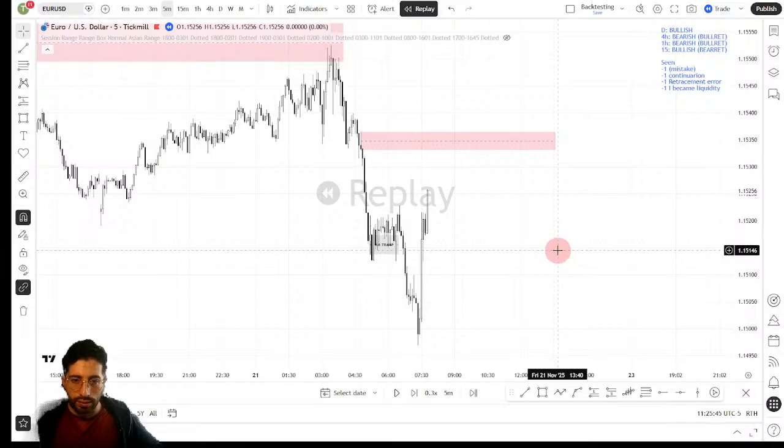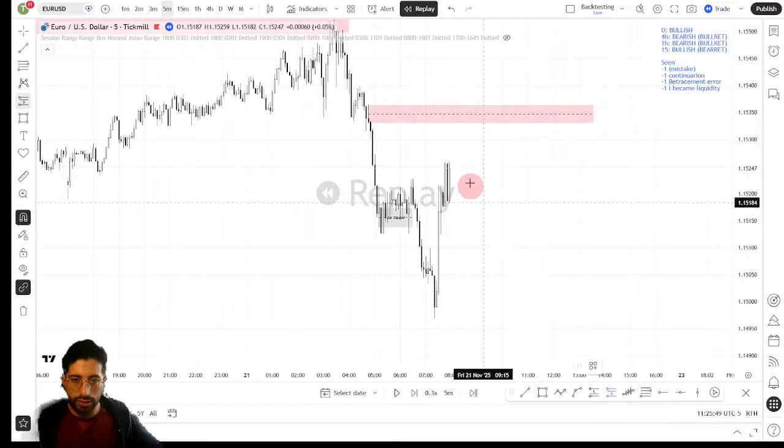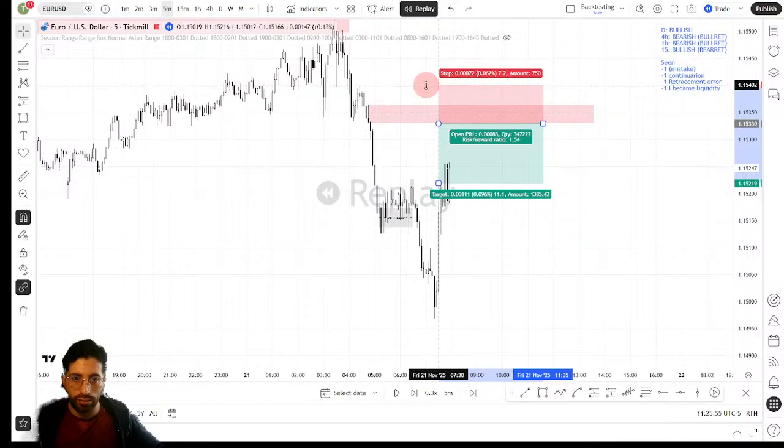Alright, let's see. I think this is the decisional where the price will likely have a reaction in 5 minutes. It's a continuation order. 7 pips, 7.